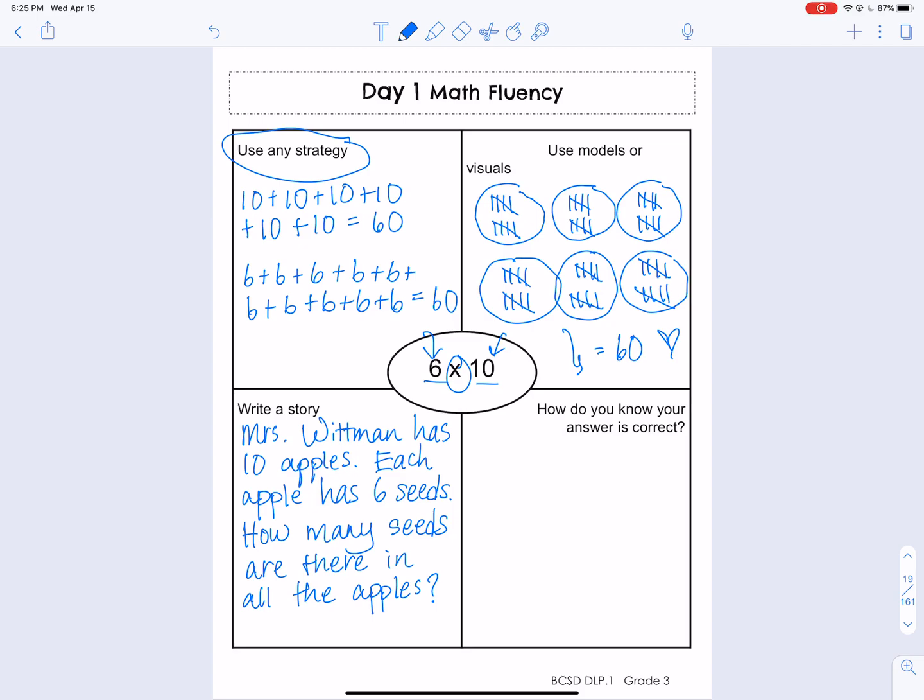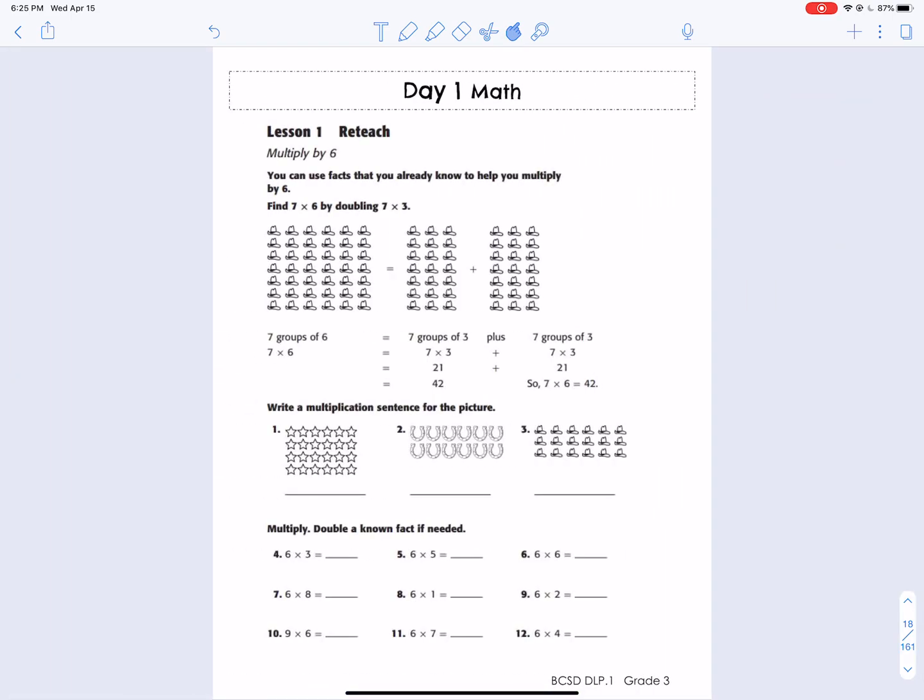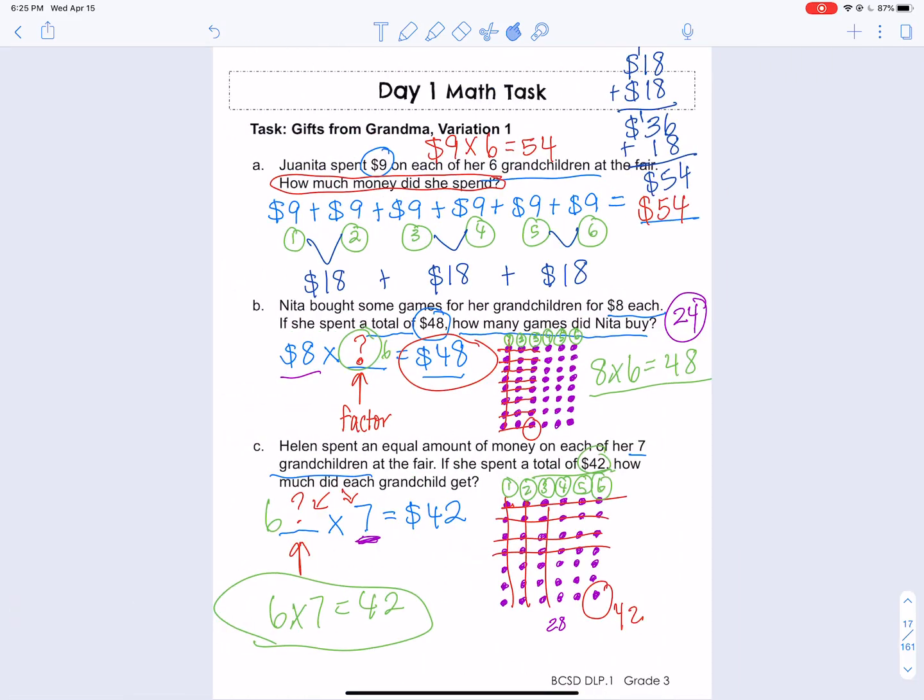Now, I promised that I would show you a trick. What you can do, if you're really stuck and you have no idea what you want to write about for your math story for this math fact, go back, and you're going to see me switch pages. Go back and find a math problem to use as a model. Now, this is my work that I did from the math task earlier today.